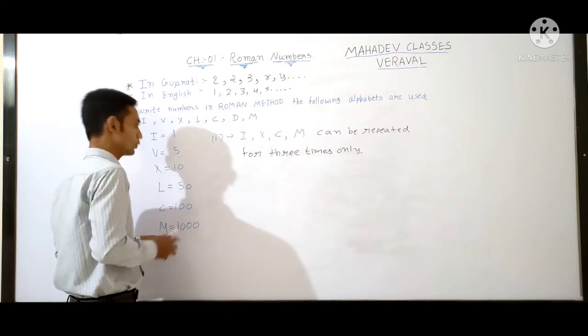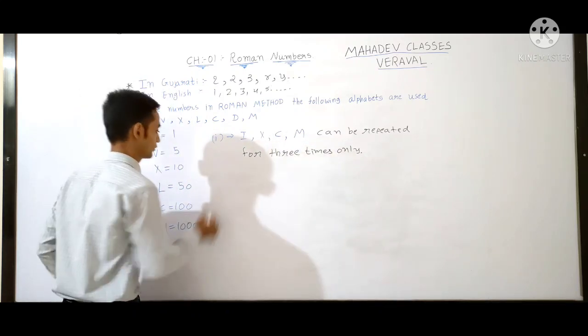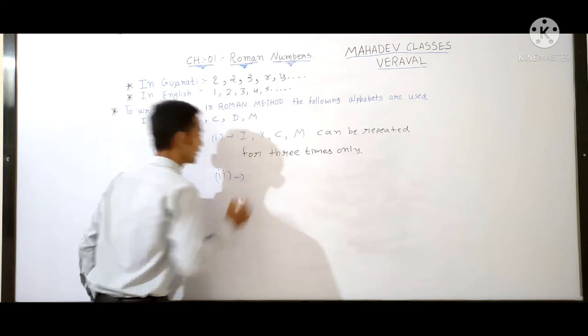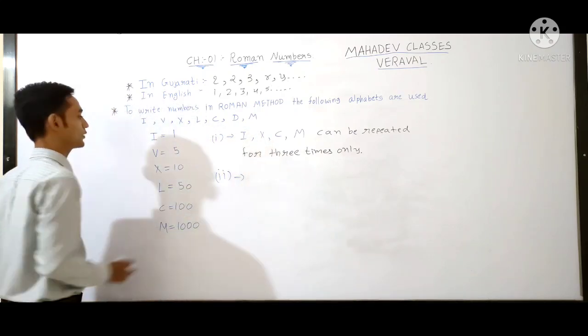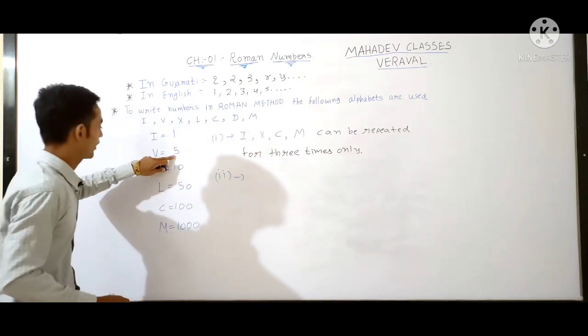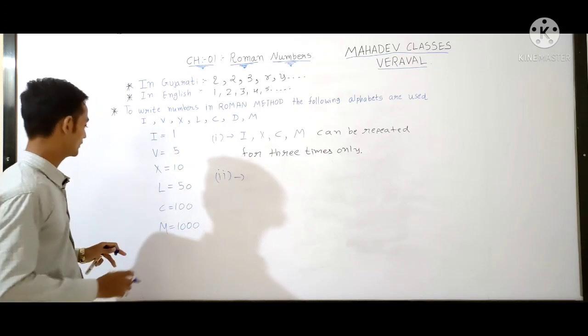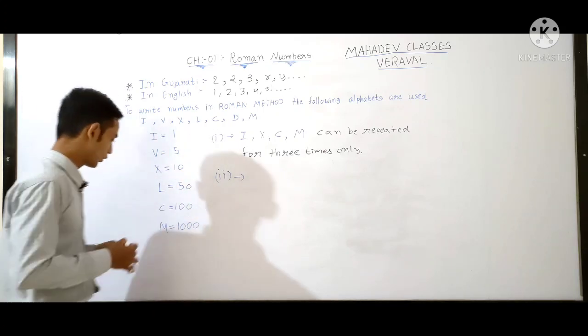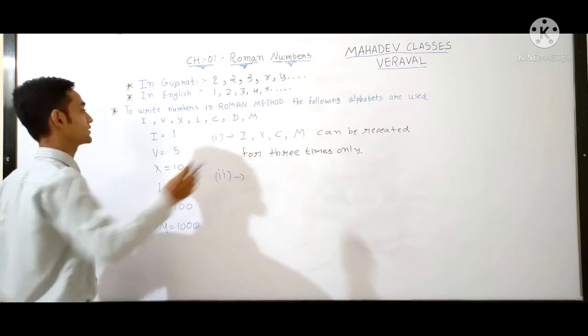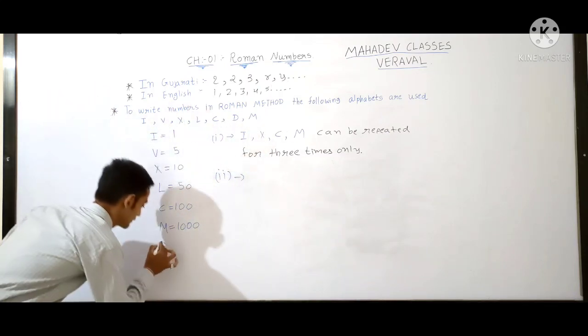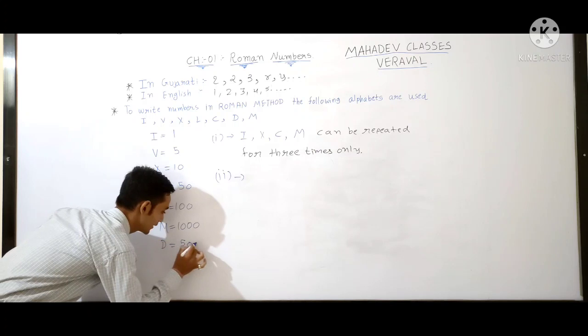Now we are going to learn rule number 2, which concerns the rest of the alphabets. The rest of the alphabets are 5, 50 and, I forgot to write the other alphabet, which is D. D means 500.